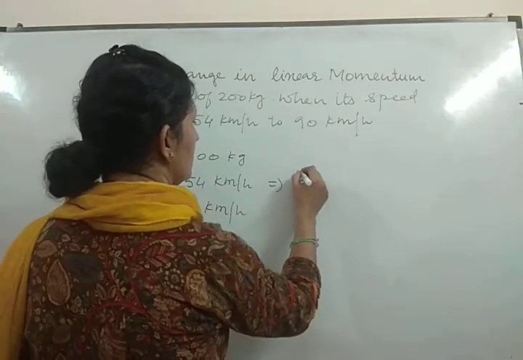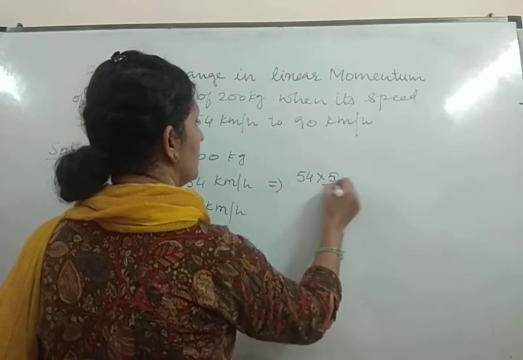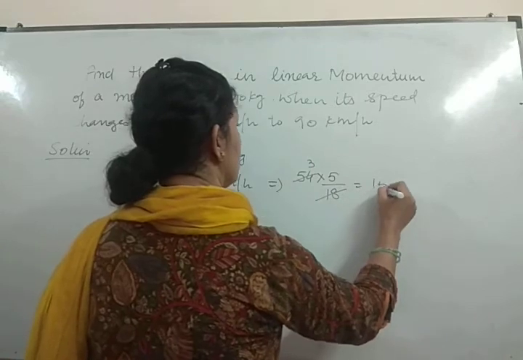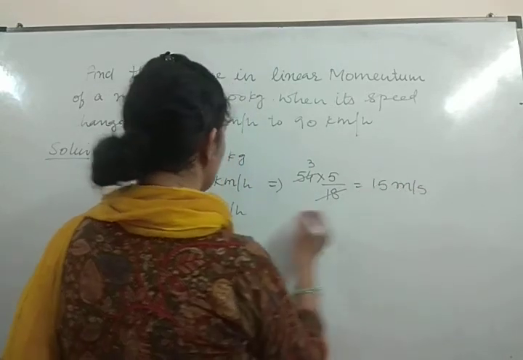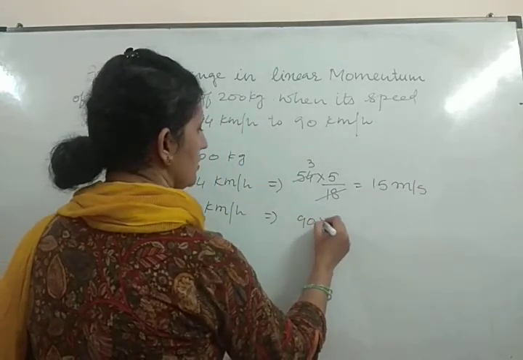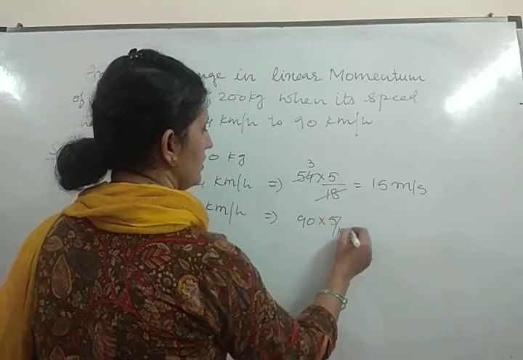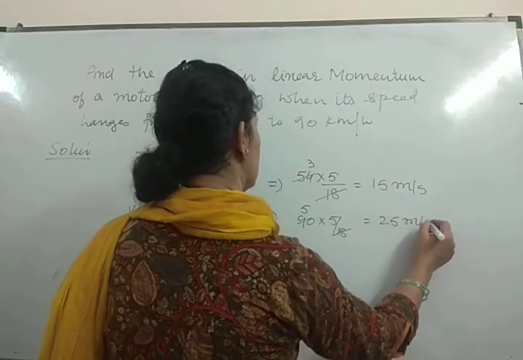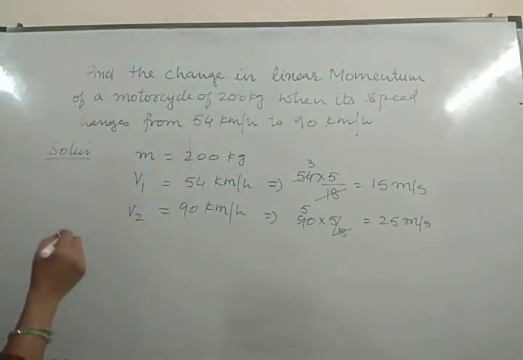Directly you can do it by multiplying with 5 by 18. This is 15 meter per second, and similarly 90 into 5 by 18 is 25 meter per second.